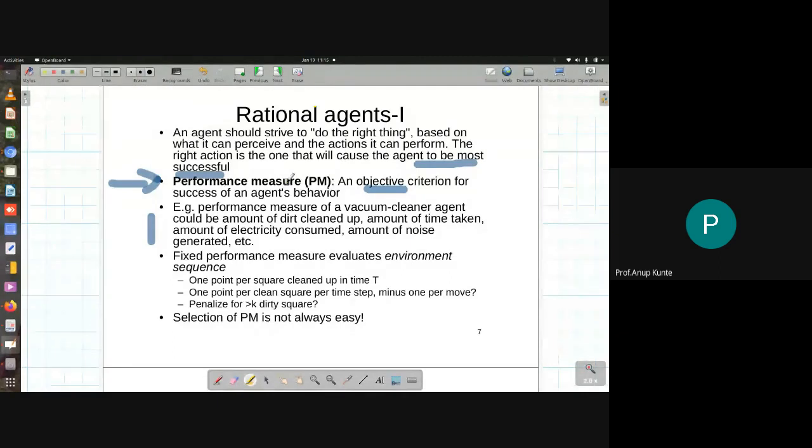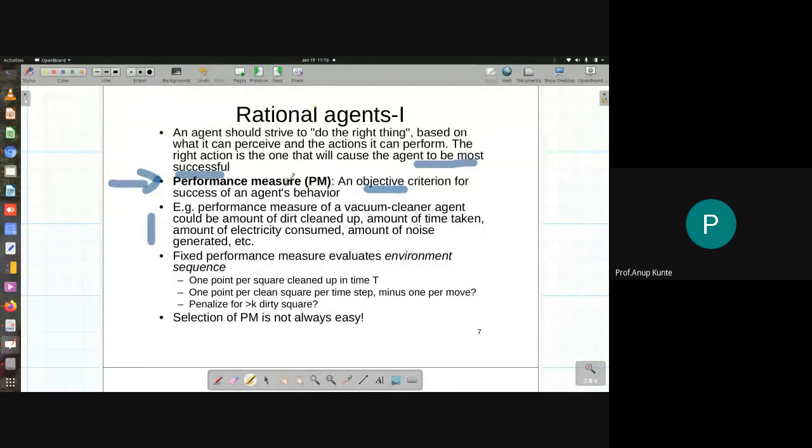The left hand side of the mapping will be determined by my sensors, because sensors will give me the percepts. Whenever the robot senses its room, say A, B and clean or dirty, that tuple is given to the agent through what? Through the sensors.